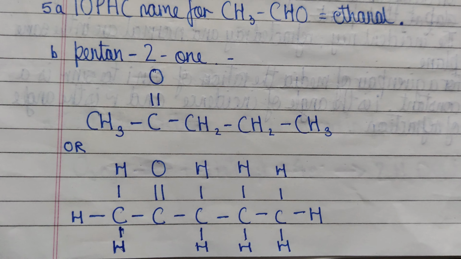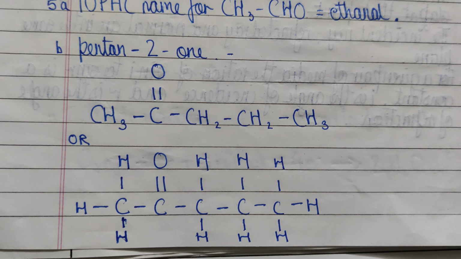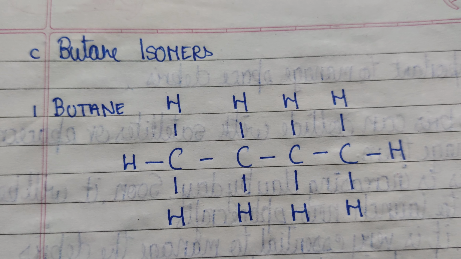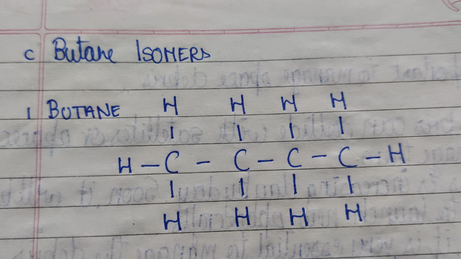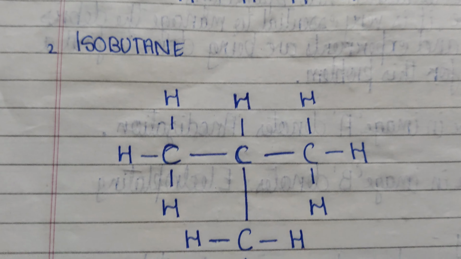The structural formula for pentan-2-ol. Possible isomers of butane: n-butane and isobutane.